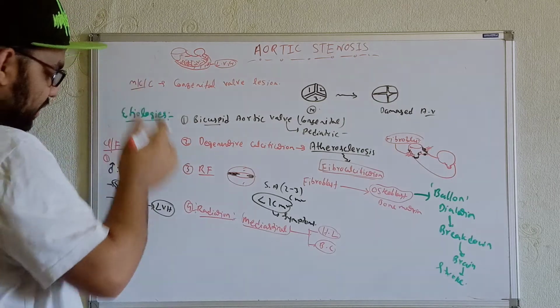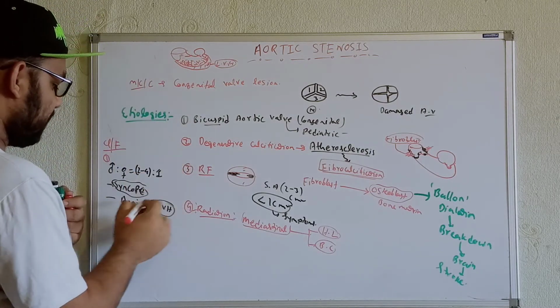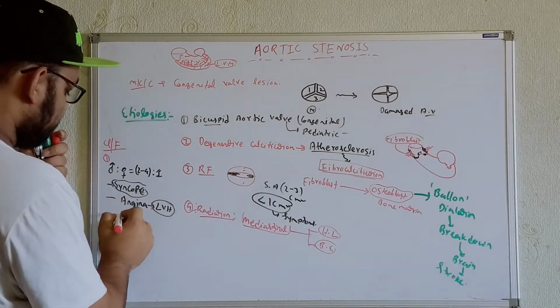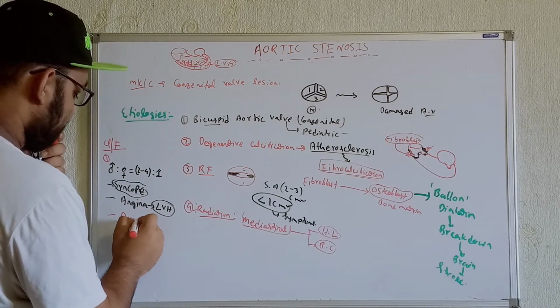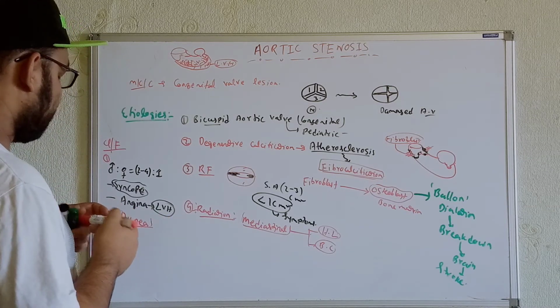Now we can also get angina, because there is a chance of having left ventricular hypertrophy. Along with that, we will also get dyspnea. These are the clinical manifestations we can get.